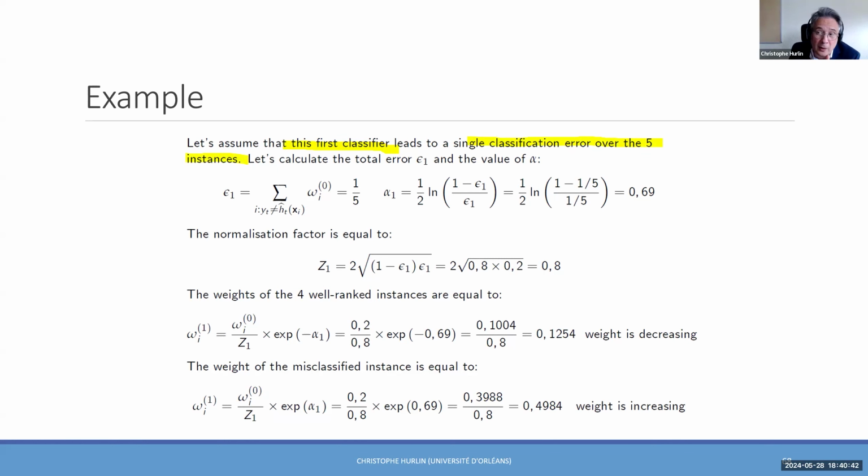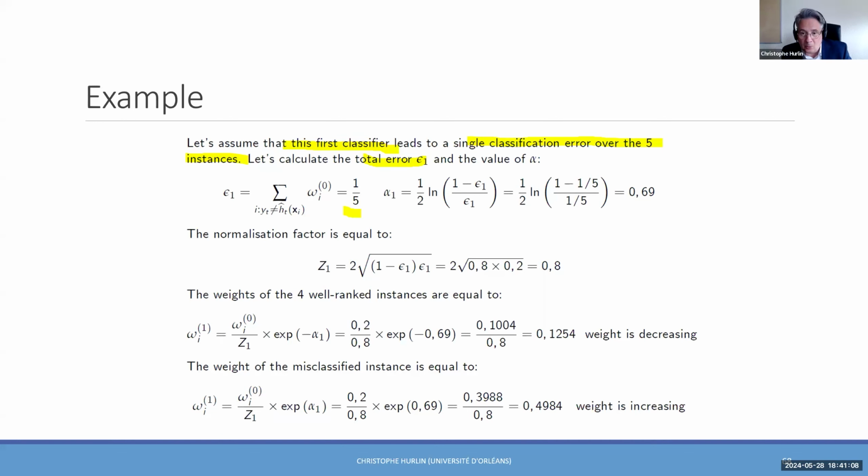Okay, there is only one individual for which there is a classification error. So what is the total error? Epsilon 1 is the sum of the weights of the individuals for which there is an error. There is only one. There is an error for Christophe Hurlin. The weight of Christophe Hurlin is 1 divided by 5. So the total error is 1 over 5.